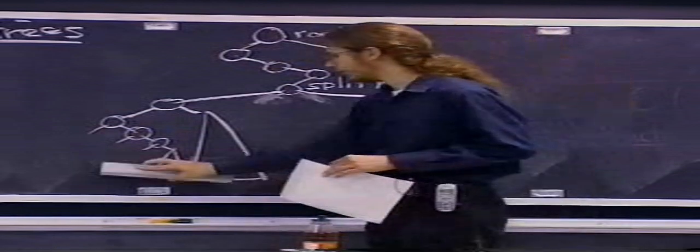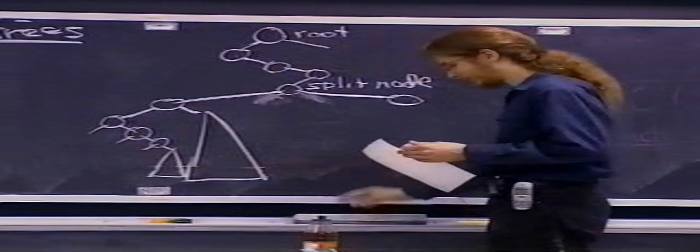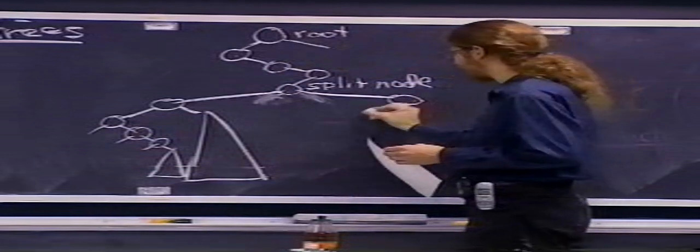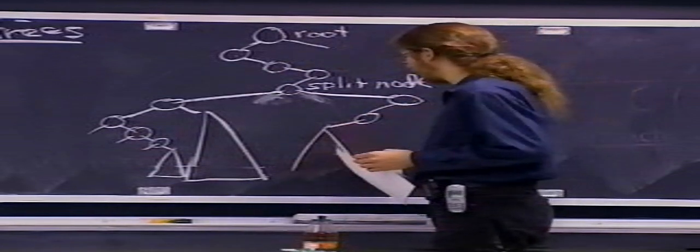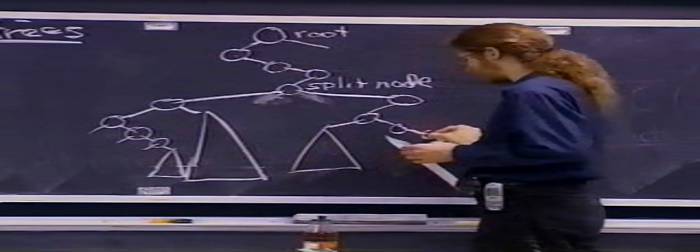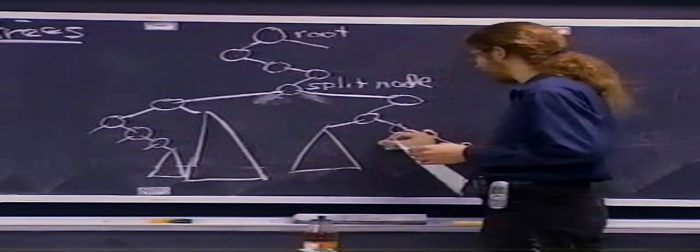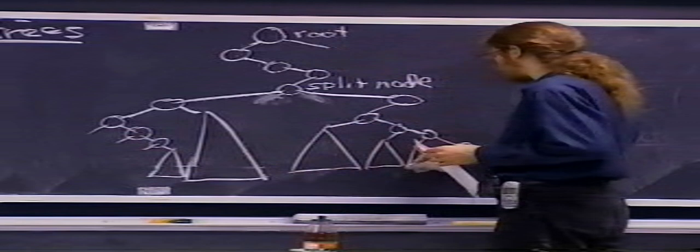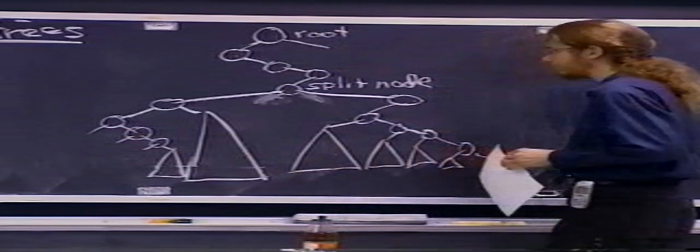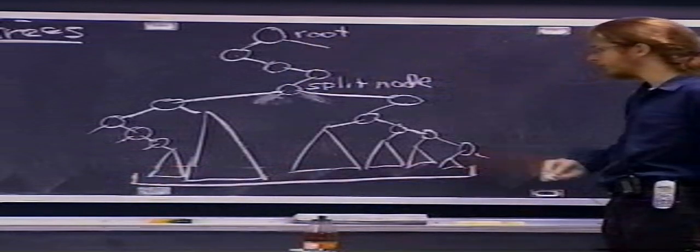Let me erase this interval. On the right side, you get some similar pictures, so maybe it looks like this. This is the interval we care about, the range we're looking for.